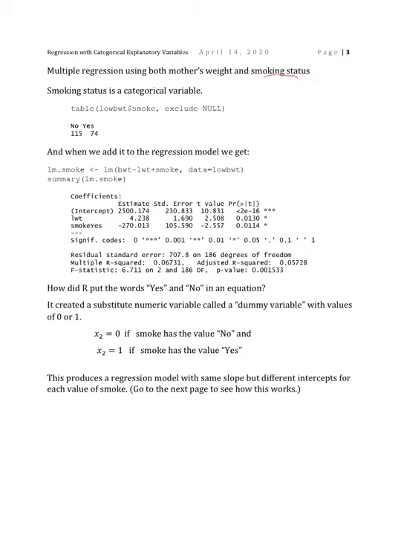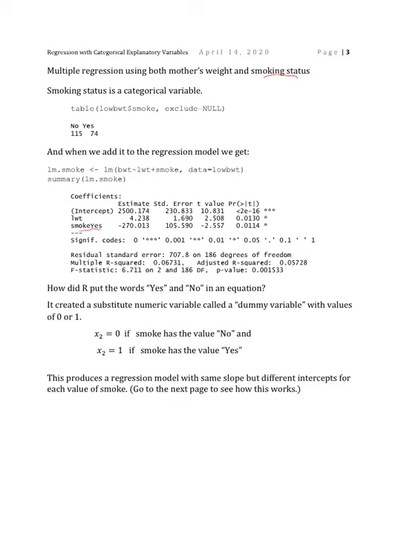Now we can add this into the regression model just like we added variables in for multiple regression in the last lecture. And we can run it, and what we'll get is it will say smoke yes, and that will also have a coefficient, and we can see here that now our adjusted R squared has improved.